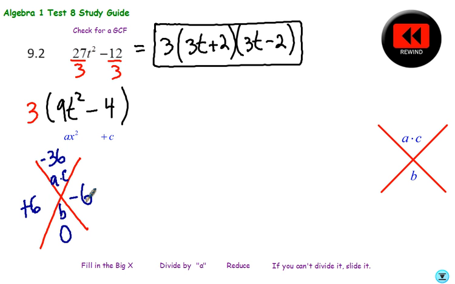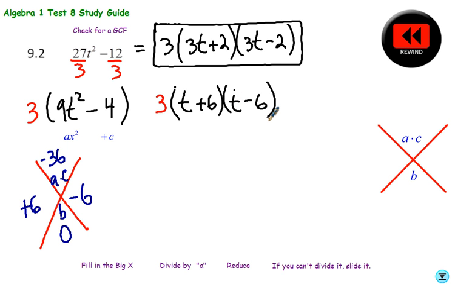And one of the things with these difference of squares is that the numbers on the side of your big X are going to be the square root of that number. So the square root of 36, which would be 6. And difference because one's a positive, one's a negative. All right, so we got our greatest common factor of 3. And let's write our factors in here. So we've got t plus 6 and t minus 6.